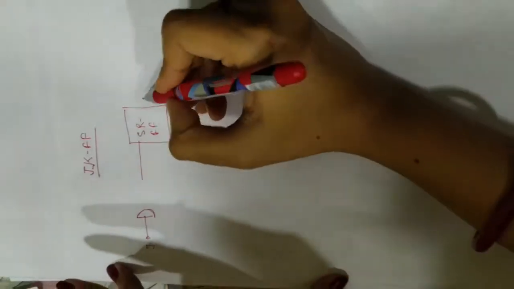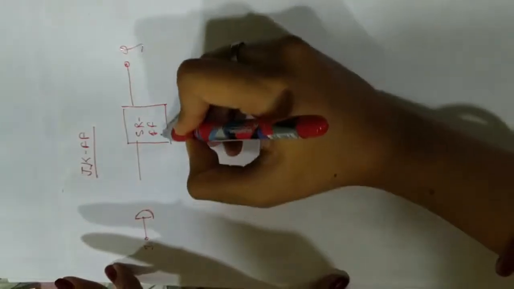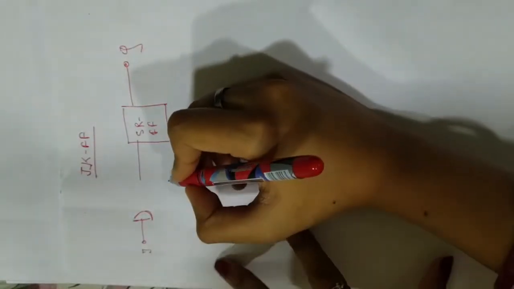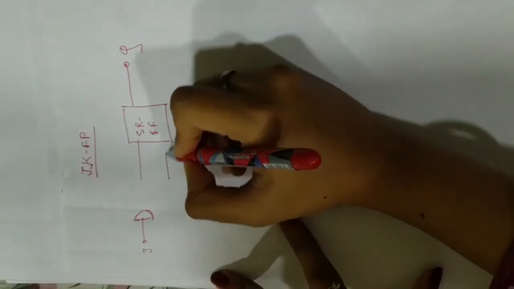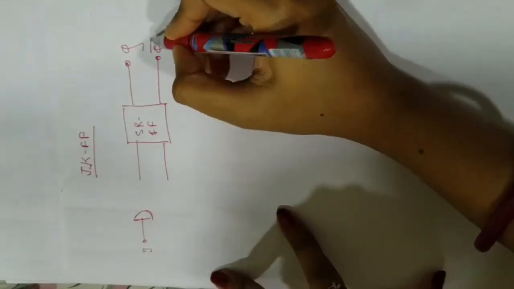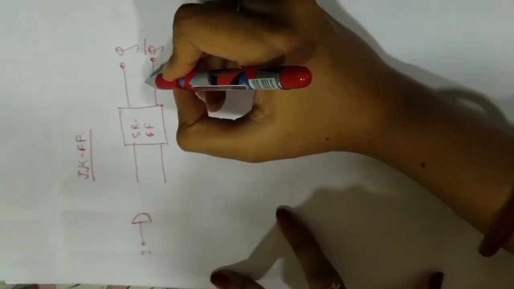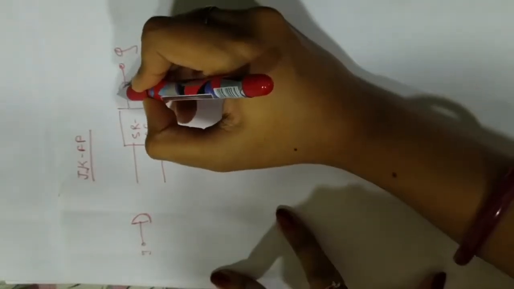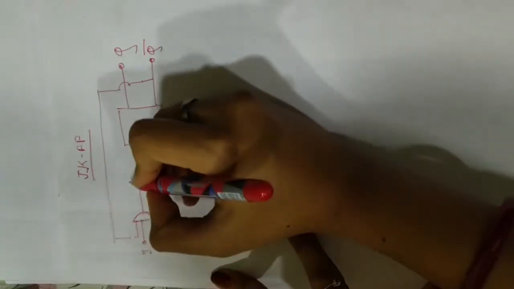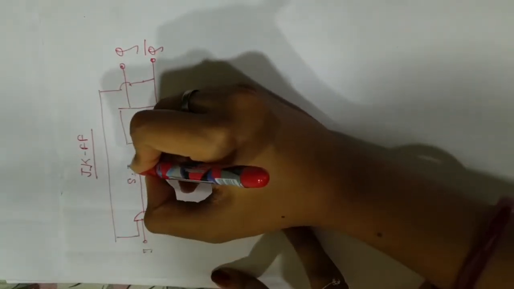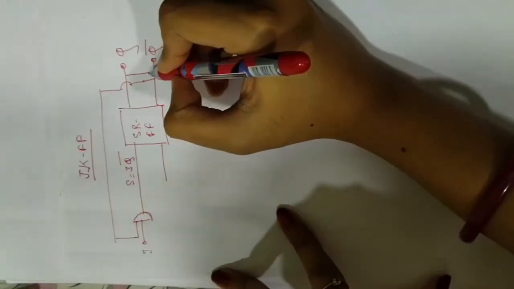where the inputs were J Q bar and K Q. The input was given a feedback, so S is equal to J Q bar.